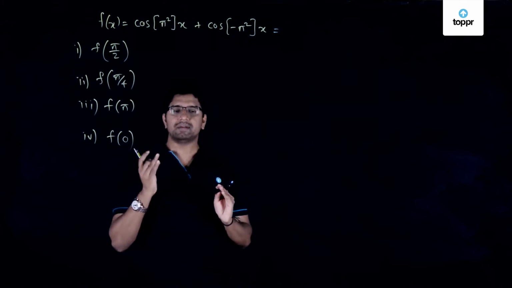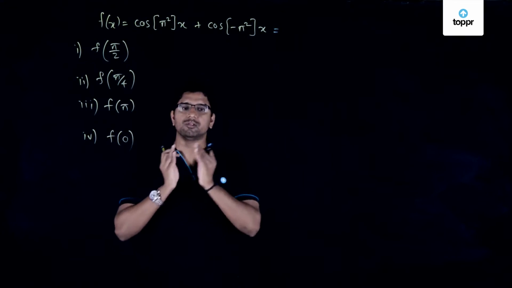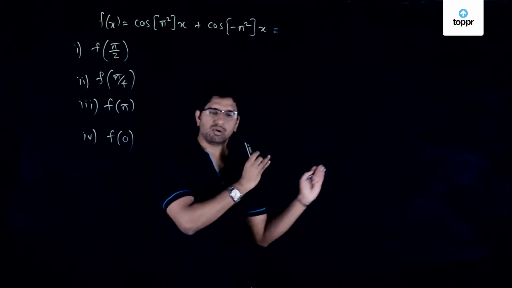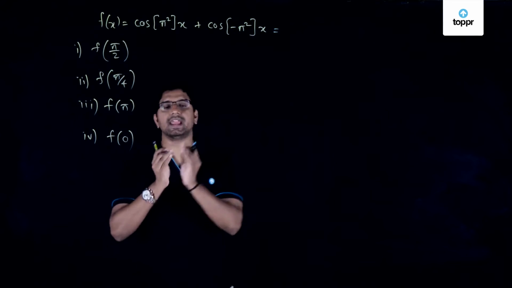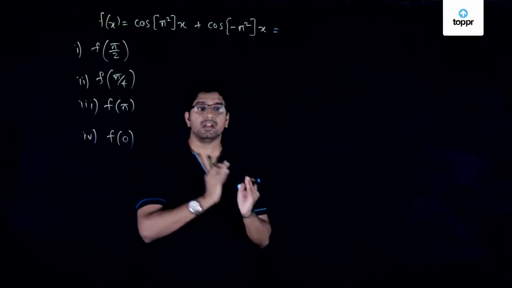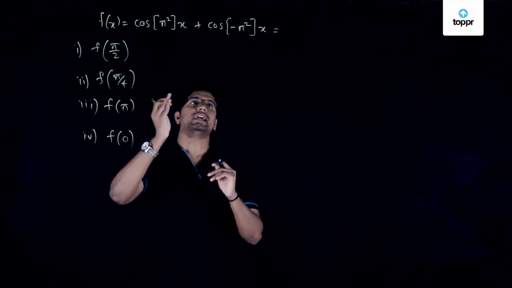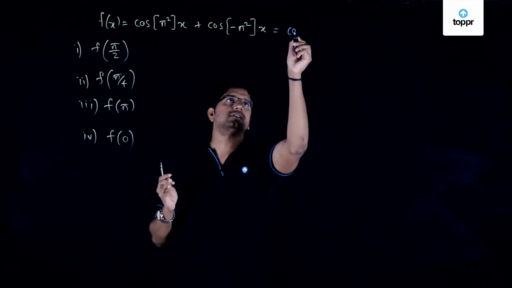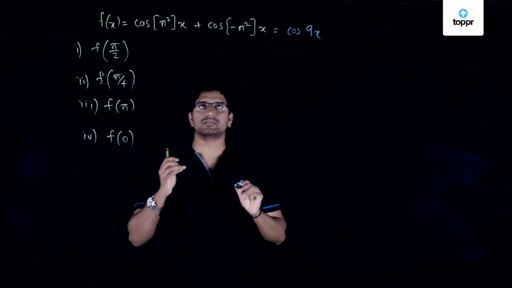We very well know that the value of pi is 3.1416 and so on, and if you square it, we get a value which lies between 9 and 10, which means that if you take the greatest integer part of pi square, you will get 9, and hence the first part of the function can be written as cos 9x.